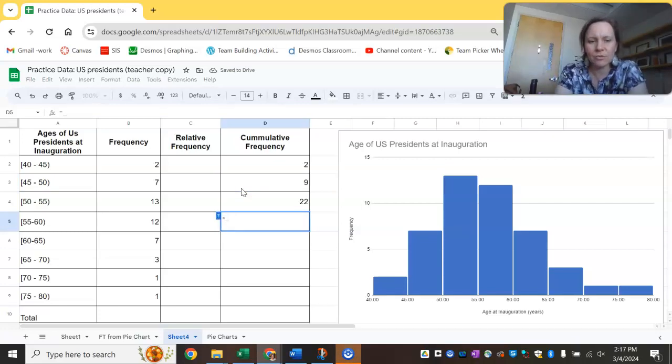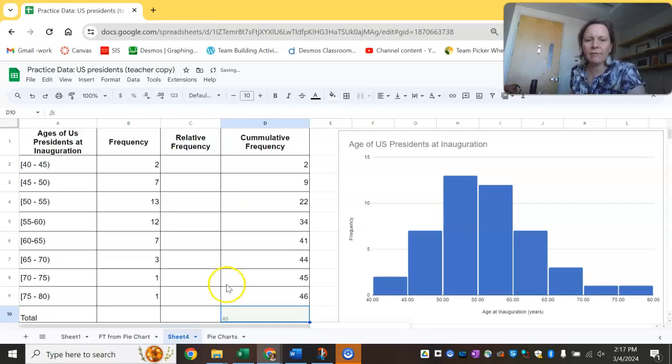And then I'm going to do 22 plus 12, and then the next row would be 34 plus 7, and then we have 41 plus 3, and I can already tell I'm heading for the right values because we get 1 in each row at the bottom, which gives us a total of 46 presidents.